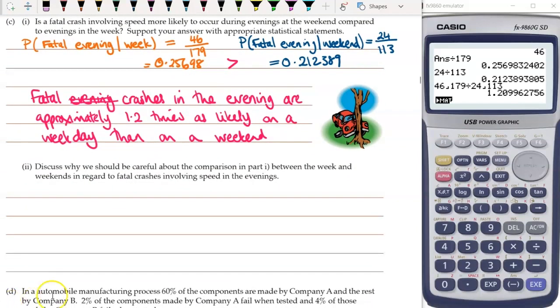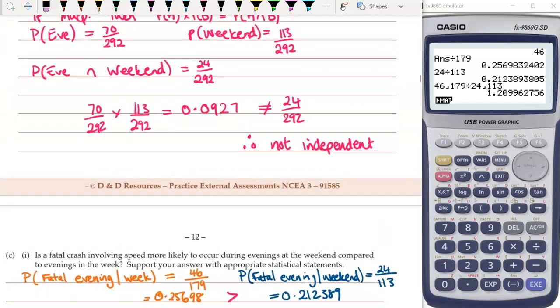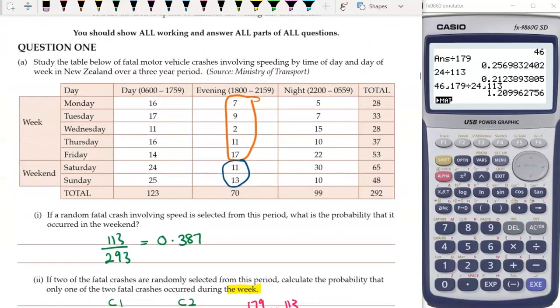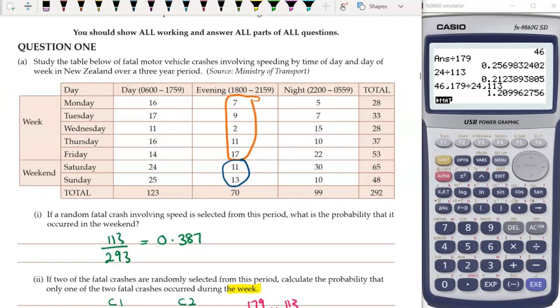Okay, for part 2, let's take a look at the table again about why we should be careful with the comparison that we've just made between week and weekend. If we take a look at this table, we can actually see that while we were doing that split between week and weekend, it puts Friday as a weekday, but actually, really, that's probably what most people would consider the start of the weekend, Friday evening.